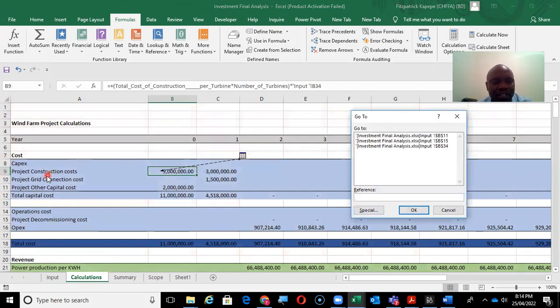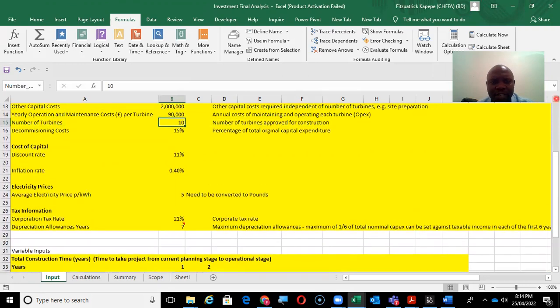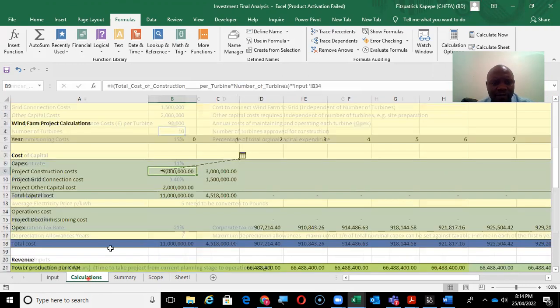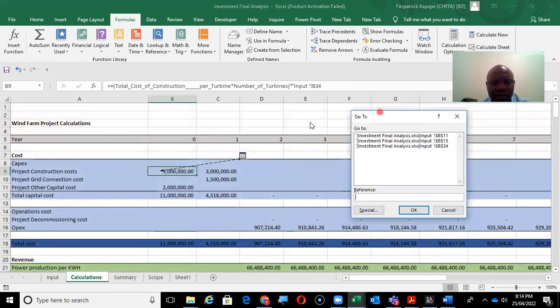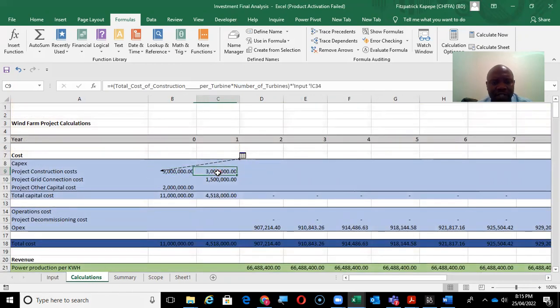So we have the project construction cost, number of turbines, and 25% of that will come in year one, which is okay.